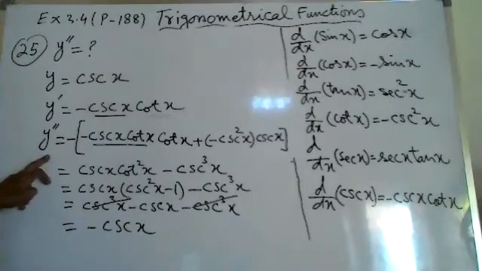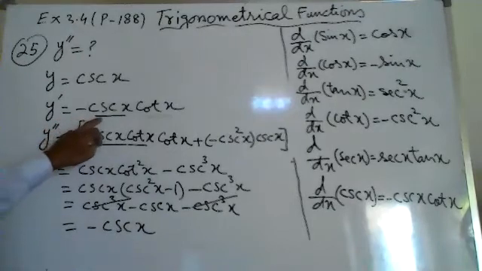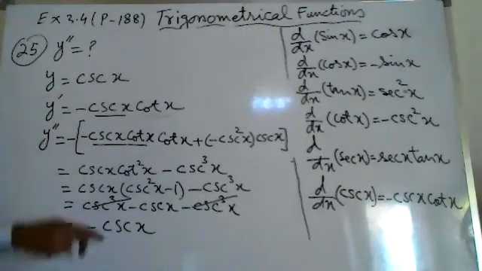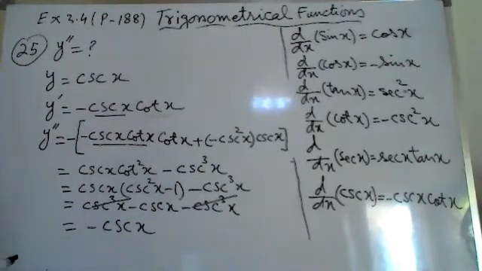The second derivative is minus cosec x. The first derivative is minus cosec x cot x. The second derivative is minus cosec x. So that was question number 25.